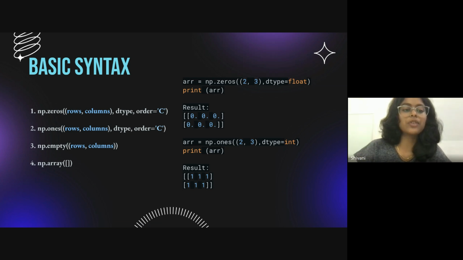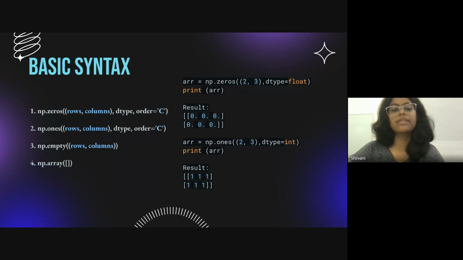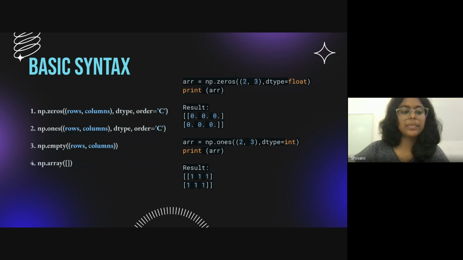A column major format will be order F, a row major format will be C. Honestly, data type and order are optional at the moment, but they will be more useful during vstack or concatenation, and flattening. This syntax applies to the zeros matrix, and it applies to the ones matrix as well. If you give the rows and columns, it will create a ones matrix with that number of rows and columns. The third one is np.empty.